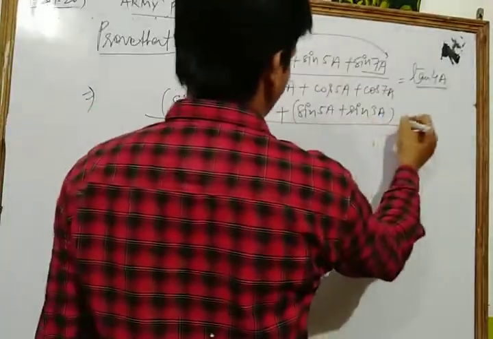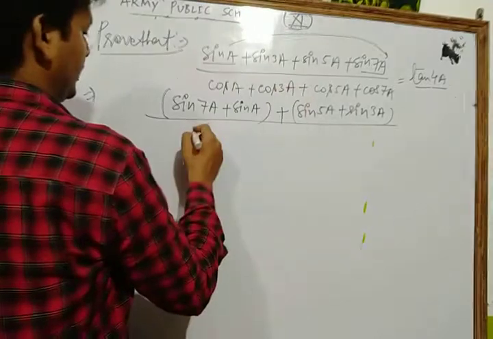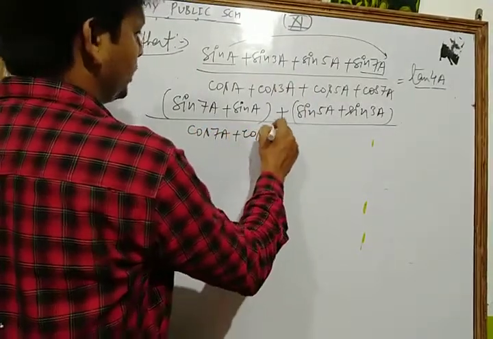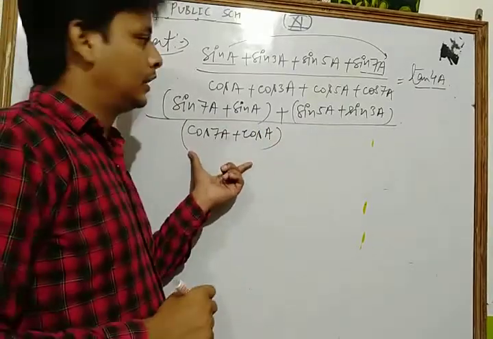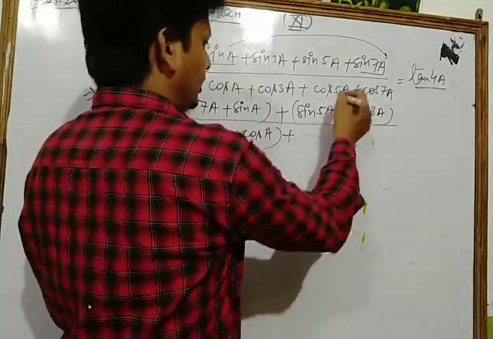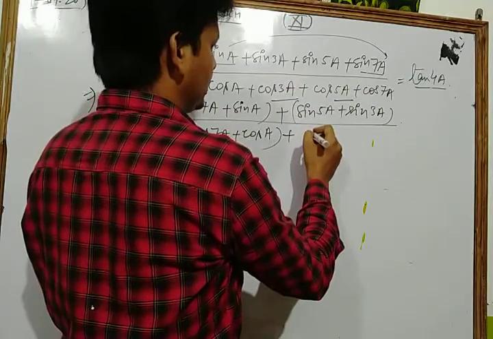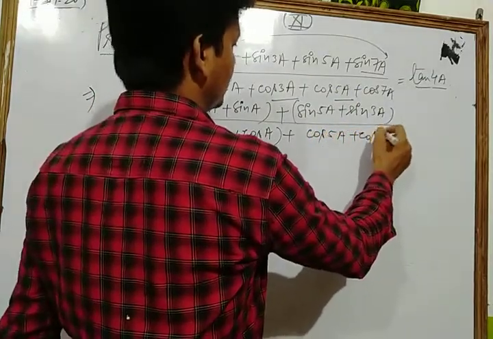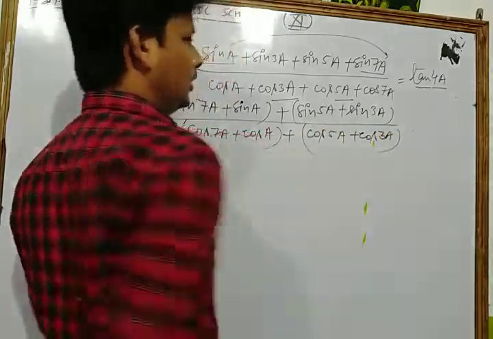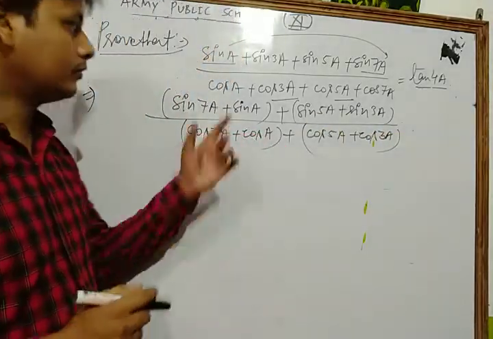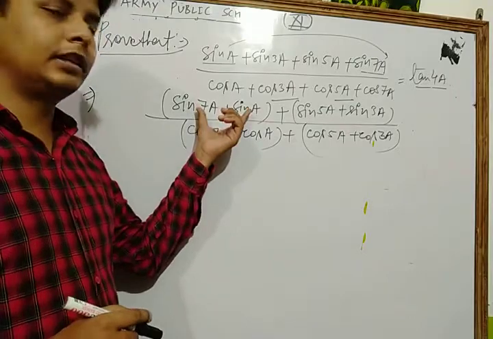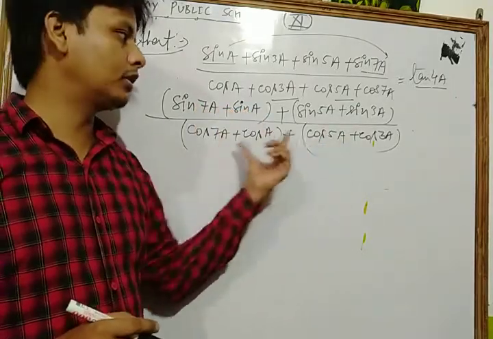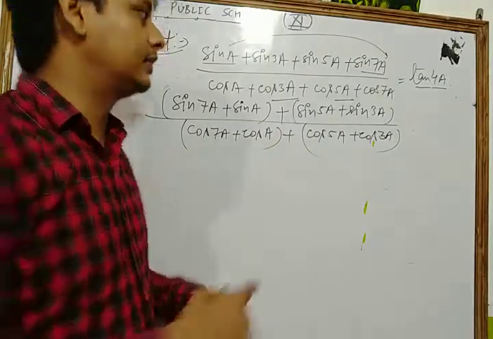Same in the denominator: cos 7A plus cos A together, and cos 5A plus cos 3A together. Now in the numerator we apply the formula sin C plus sin D, and in the denominator we apply the formula cos C plus cos D. Let's see.